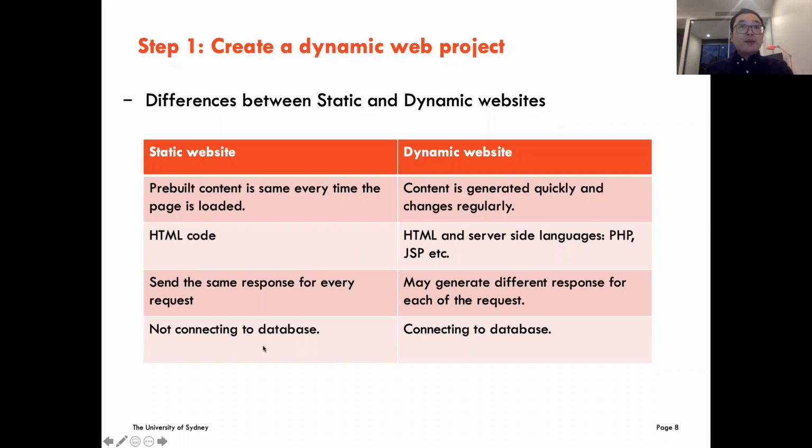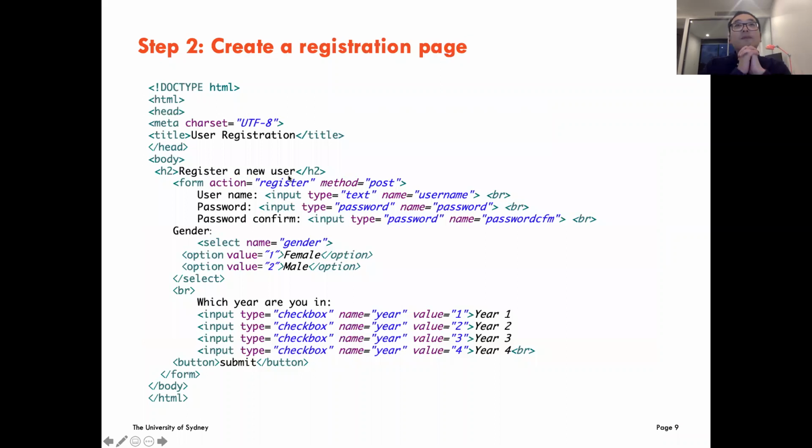Static websites cannot connect to the database, but dynamic ones generally can connect with the database and have some interaction with it. That's the basic information. We already did that. We are not going to show this, but let's start from the second one.